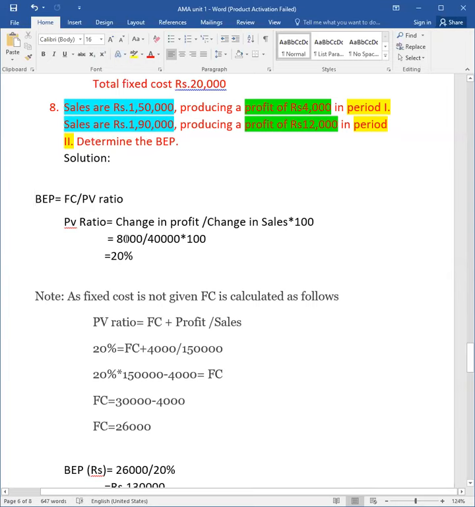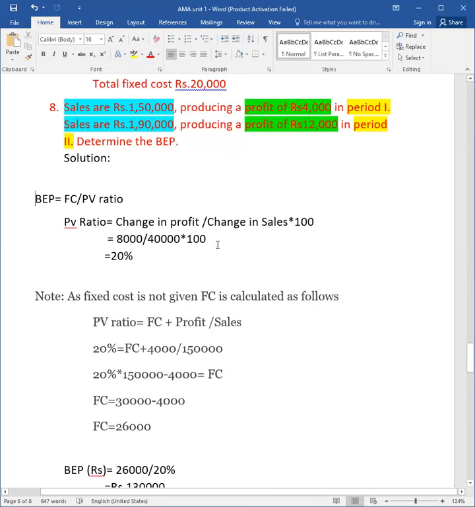The difference in profits from period 1 to period 2 is 8,000. And the difference in sales is 40,000. Remember, there could be a loss as well. I will take up a problem on loss in the next class. So into 100. When we simplify this, you get 20%.